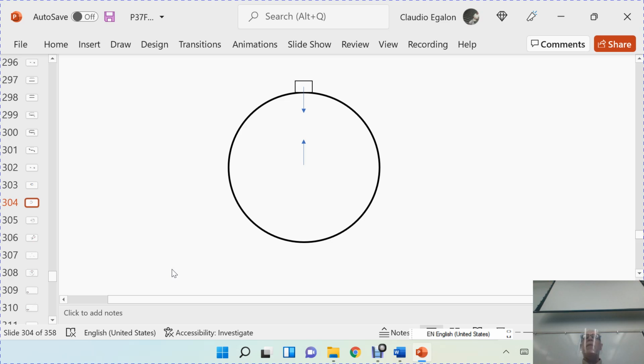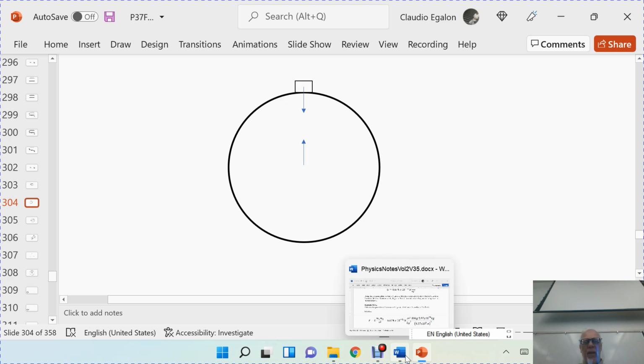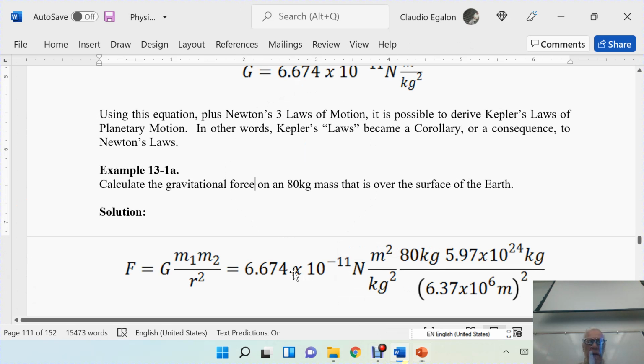And Eratosthenes later managed to get a measurement of the size of the Earth. The radius of the Earth is approximately 6,370 kilometers.